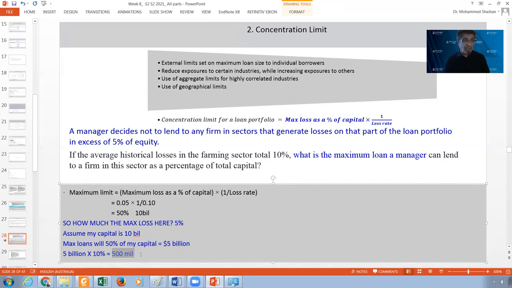So this is the 500 million. This is the total losses I can have. To prove it, this actually equals 5% of my capital. If my capital is 10 billion, 5% of it is the 500 million, which is the maximum losses. This is how we can use the concentration limit.